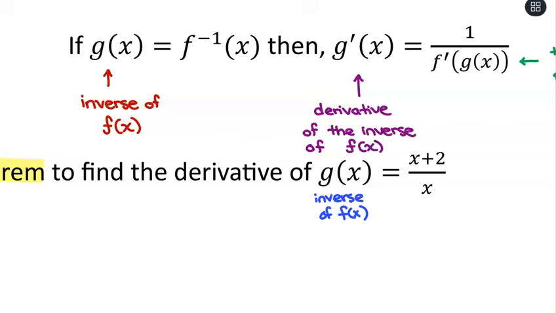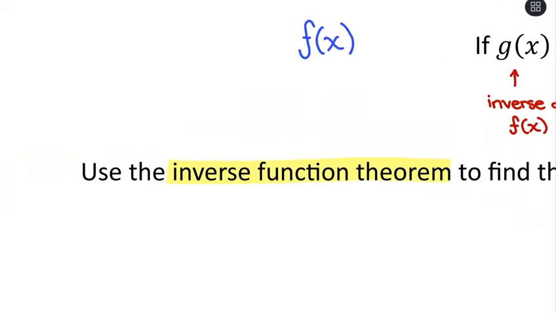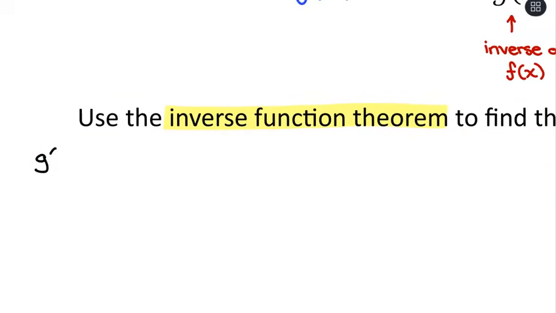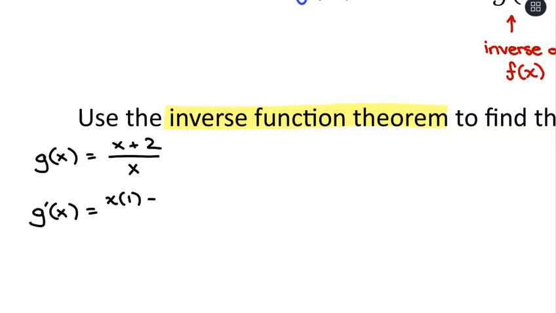we're going to bring in f of x and use that to solve pieces here. But just for the sake of it, off to the side, let's start with what g of x is: (x plus 2) over x. If I want to take the derivative of that, we'll go quotient rule: low d high minus high d low, all over low squared, x squared.